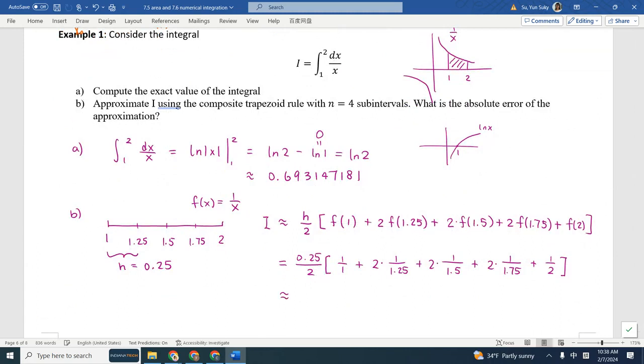Plug this in your calculator and get me as many digits as the calculator displays. Remember the trapezoid method: h over 2, then the endpoints 1 copy, the interior points 2 copies.